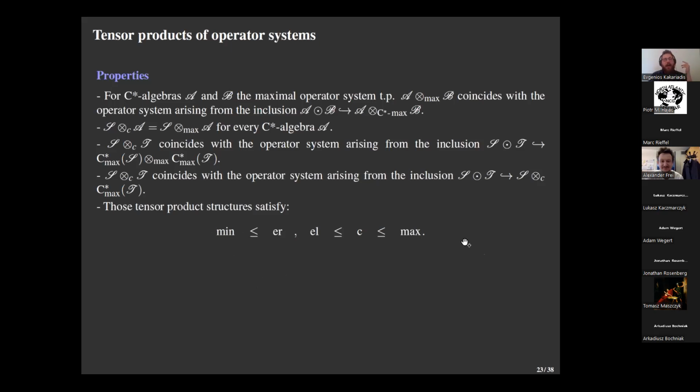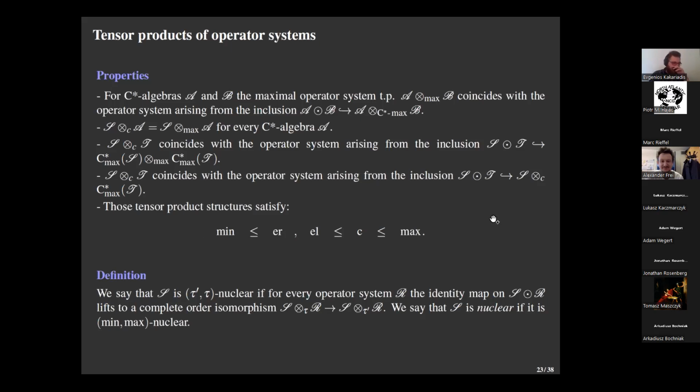So you have this hierarchy of tensor products that works very well. Now, here the comma means that there is no relation between ER and EL. Yes. So these are somehow not comparable. Also, that's the point I should say, that for the commuting tensor product, we don't know if it's associative.